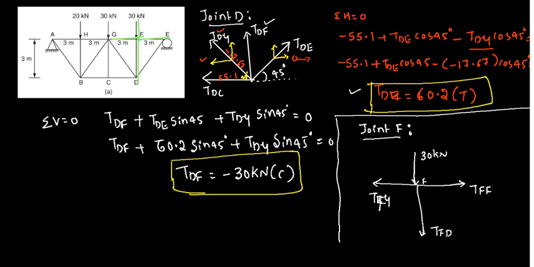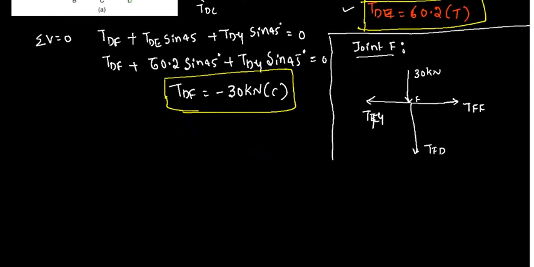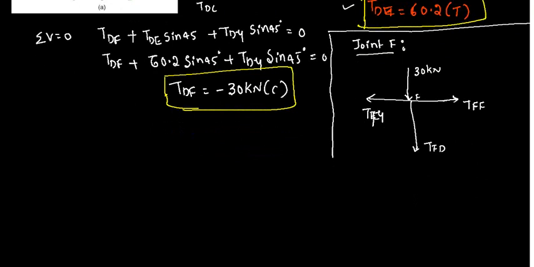So this is the free body diagram of joint F. Suppose I want to apply the equilibrium condition for this, and we already have the FG value from the previous calculation, just go and check it, FG value is there, minus 42.68, and FD again minus 30 is there. FD is nothing but DF, whatever value we have calculated right now.